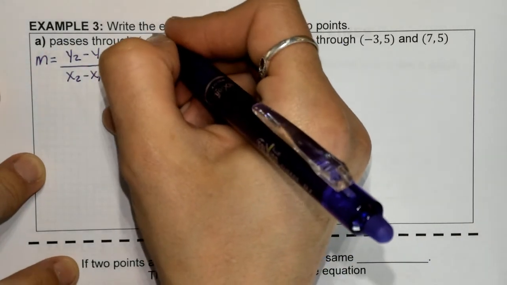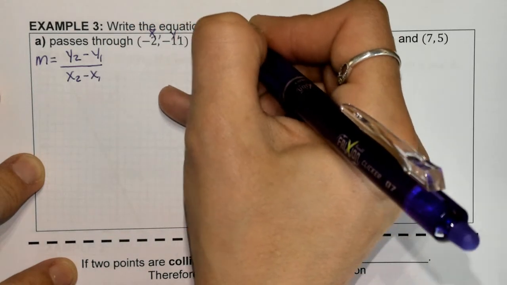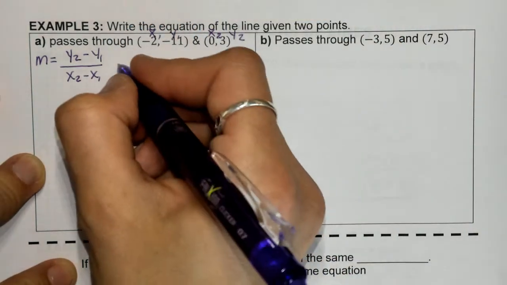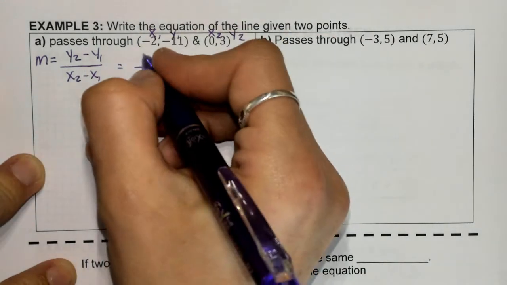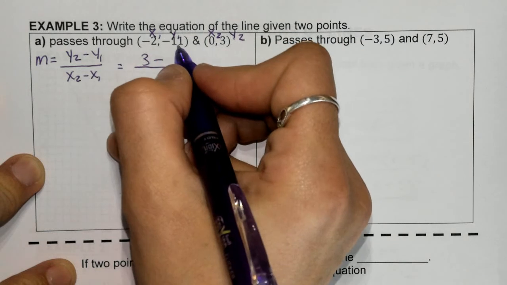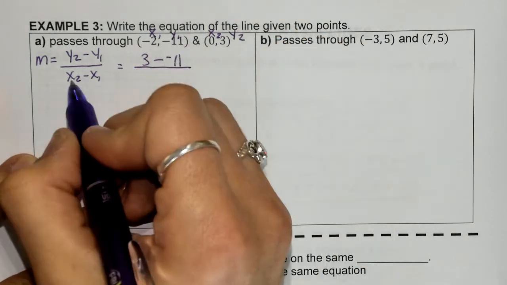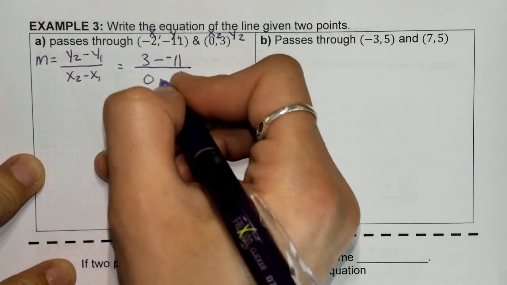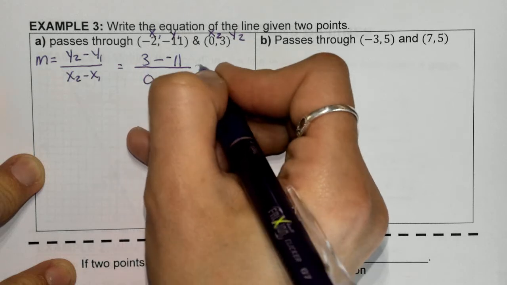So we'll label this x1, y1, x2, y2. So we have y2, right here 3, minus y1, -11. On the bottom we have x2, 0, minus x1, -2.